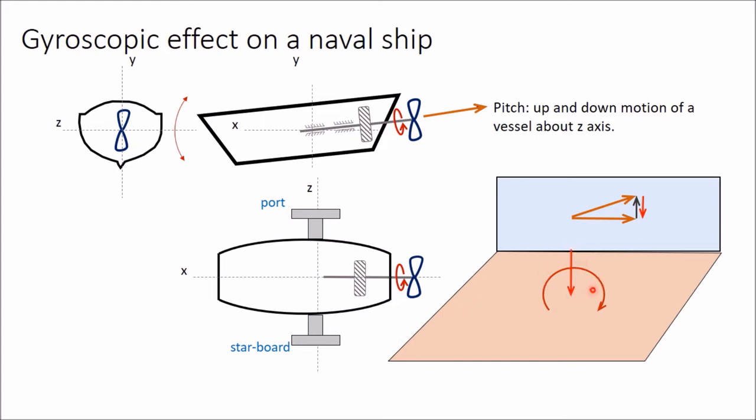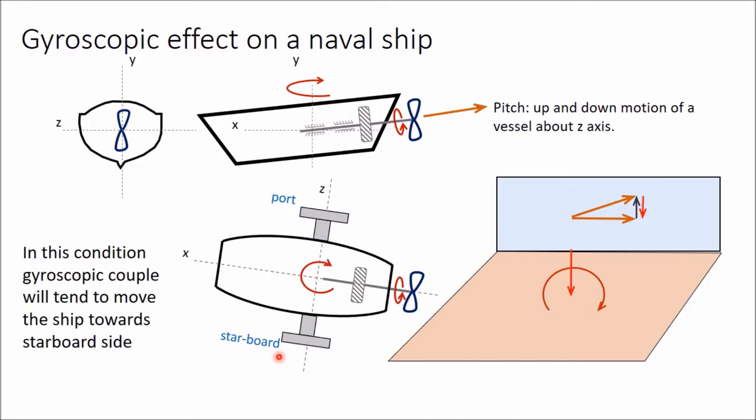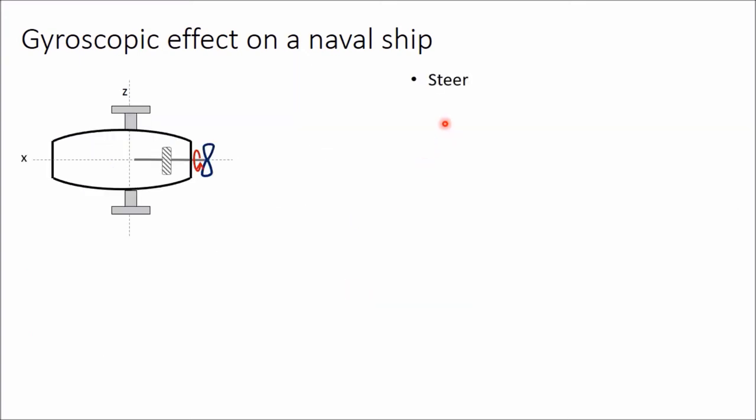So the effect of this clockwise couple on the ship will be to turn the bow towards the starboard side. In this way you can determine the effect of the gyroscopic couple for this direction of rotation. If the direction of rotation of the spinning bodies is opposite, then using the same method you can determine the effect on this ship. The third condition is the steering condition.